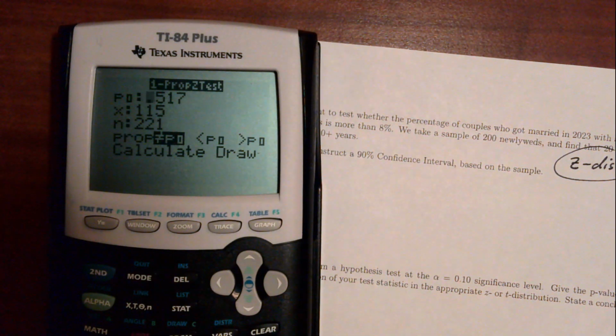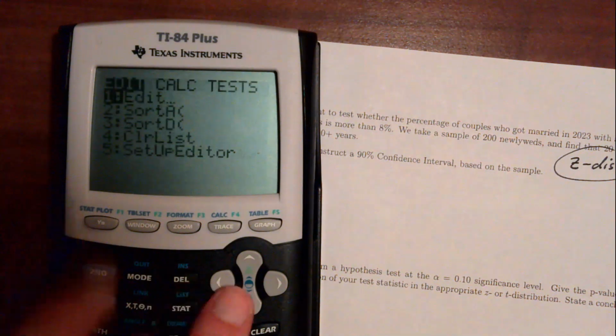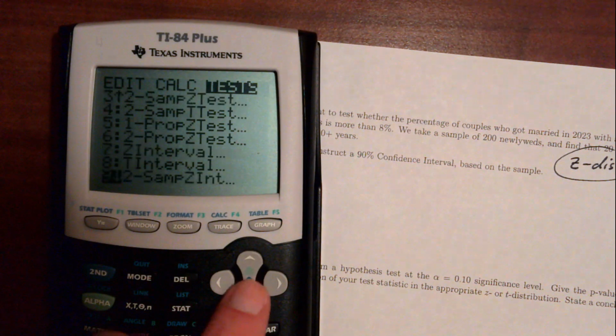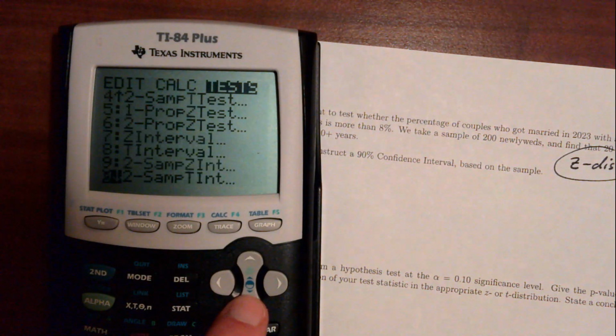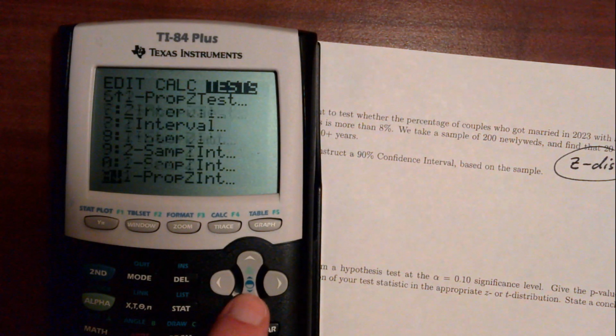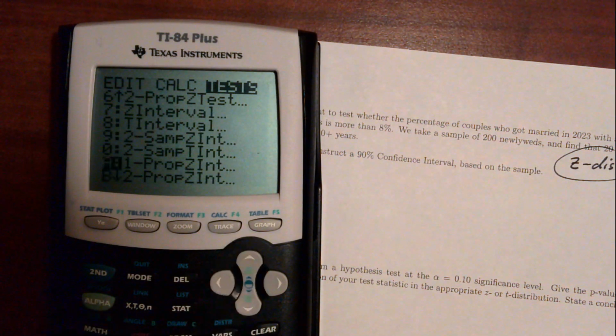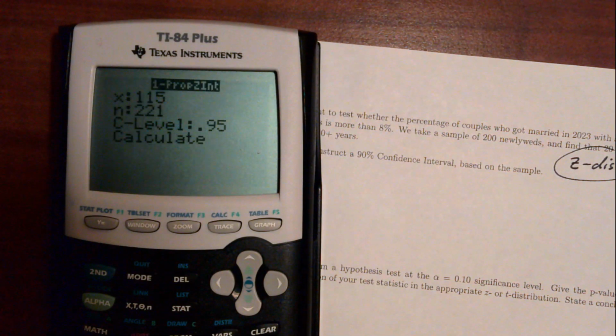Oops, sorry, we're not doing a test yet. We're going to do an interval first. And we want a one proportion z interval. On a lot of these we have one proportion or two proportion options. Make sure you pick the one proportion here.